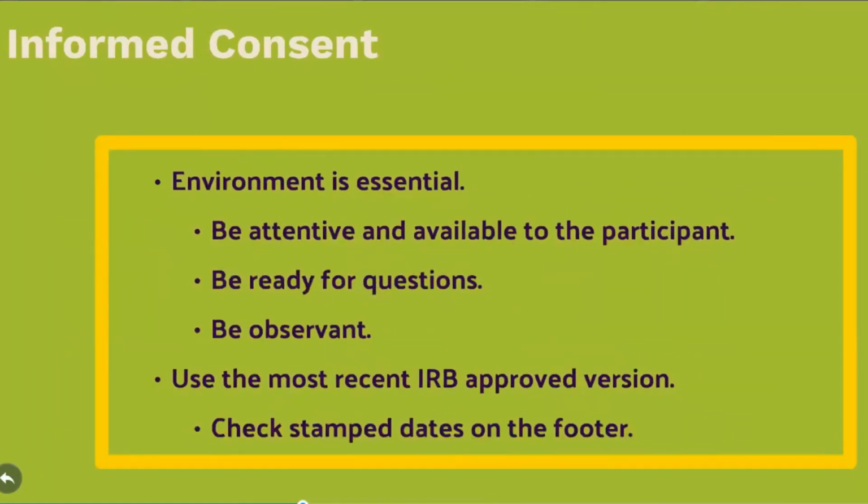Environment is essential. When you're thinking about where you're going to conduct your informed consent, it's really good to have just a one-on-one session with that participant, or if it's a group participant, like a husband and wife, maybe just the two of them with the investigator, to allow them to feel comfortable to ask those questions.